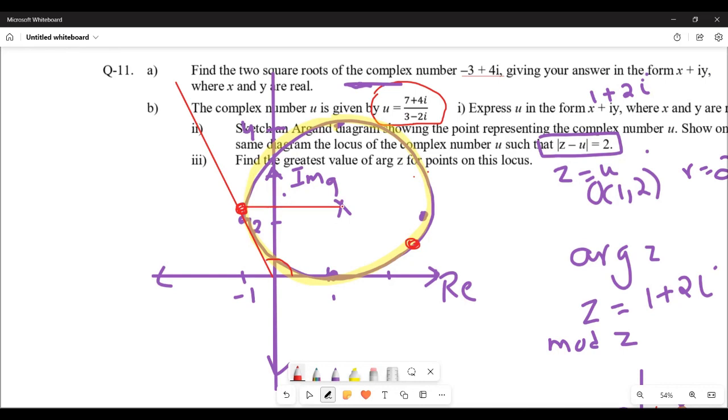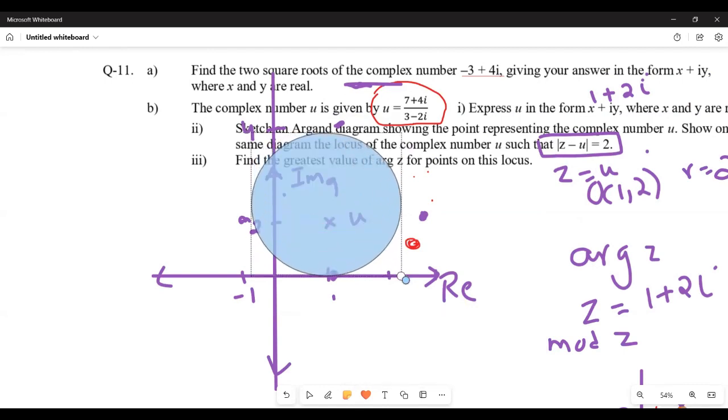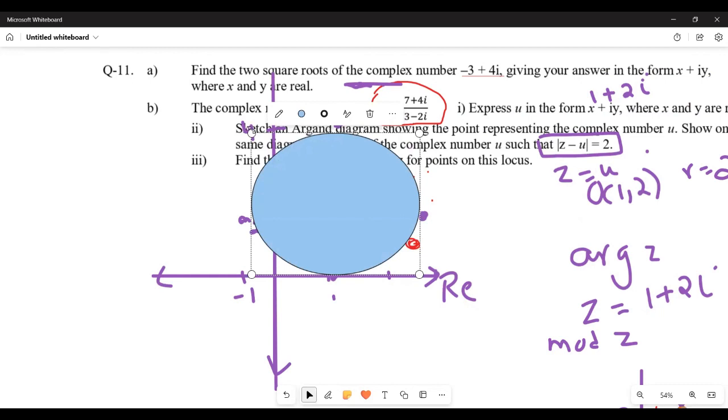मजे की figure नहीं बन रही. The center and let me just use a proper circle. Hold on. Let's say this is the circle.